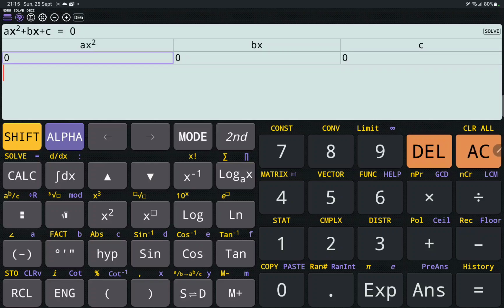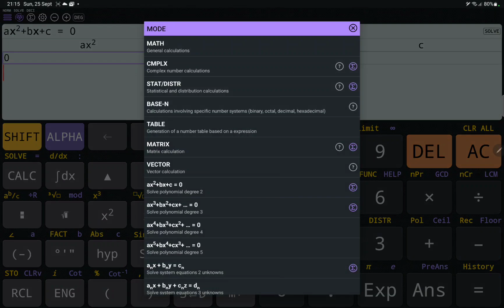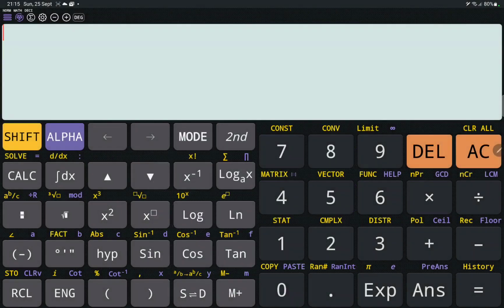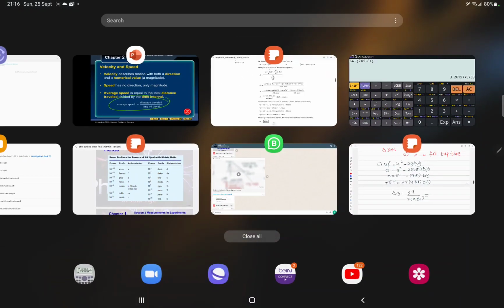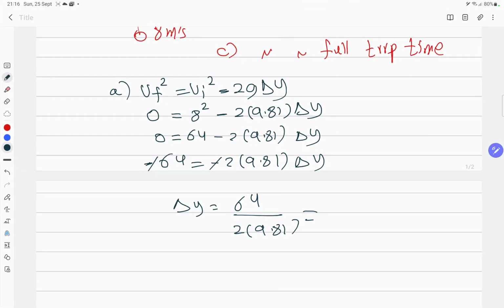So 64 divided by bracket 2 times 9.81 close bracket, and the answer is 3.26 meters. That's my maximum height.